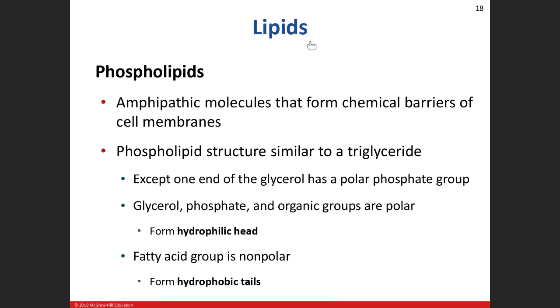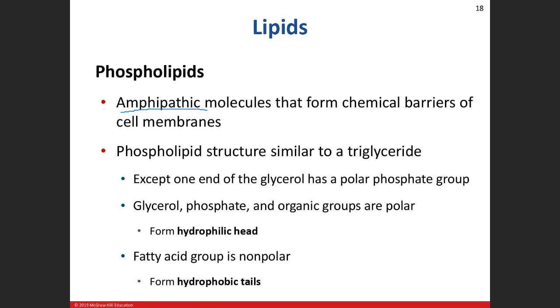All right, phospholipids, the next group of lipids. Now notice this first term on this slide calls them amphipathic. That means one part of this molecule is going to have a polar portion, and another part of the molecule is going to be nonpolar.